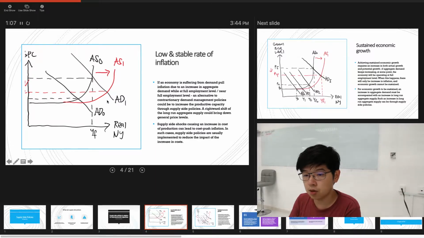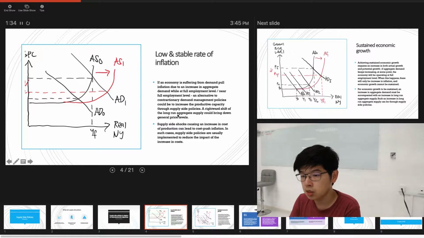Now, instead of just trying to bring AD down from 81 to 80 to deal with the inflation, an alternative you can consider is to shift your LRAS to the right, which can be done using supply side policies. So your supply side policies can shift LRAS to the right, bringing prices down from here to here. This is one way that you can achieve a low and stable rate of inflation using supply side policies.